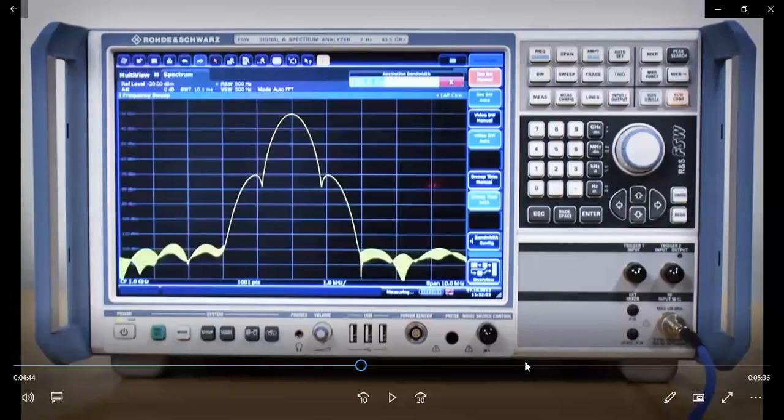So by resolution, I mean how well you can separate two points in frequencies. If you can separate the power levels at closer frequency points, then your resolution is better.